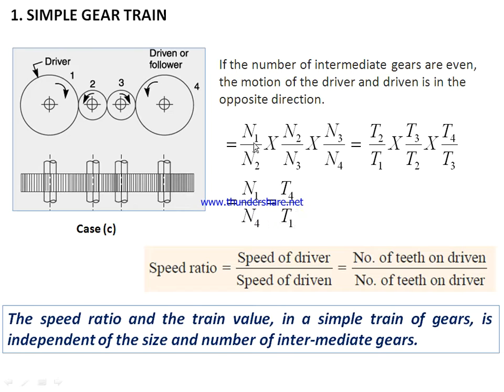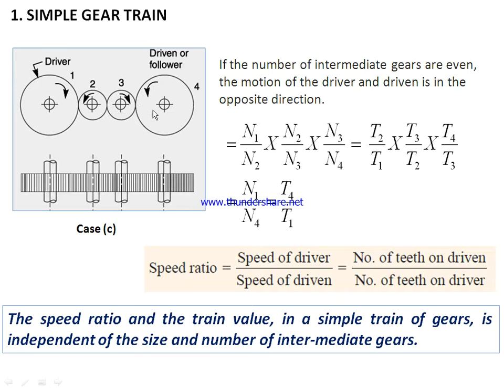So finally you get N1 by N4 equals T4 by T1. Speed of the driver, gear 1, over speed of the driven, gear 4, equals the number of teeth on the driven, that is the follower or gear number 4, divided by the number of teeth on the driver or gear number 1.